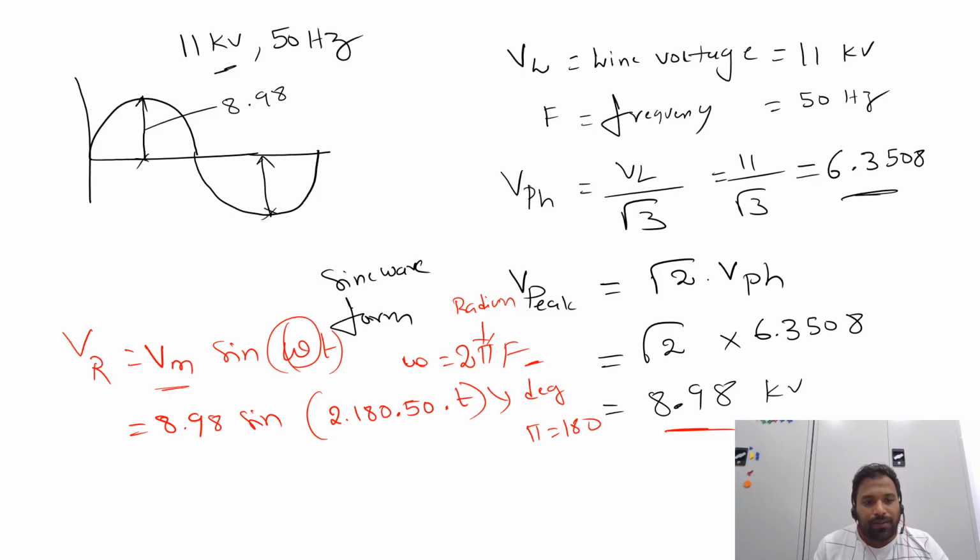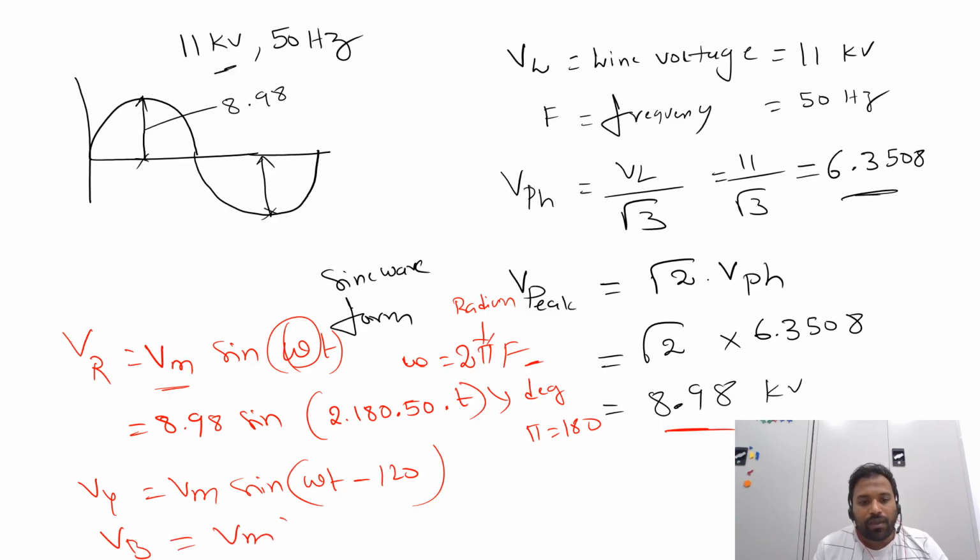So what is the Y phase? For example, Y phase is Vm sine omega t minus 120. Similarly, B phase is Vm sine omega t plus 120. Bear with me, it is not complicated, very easy, stay with me.